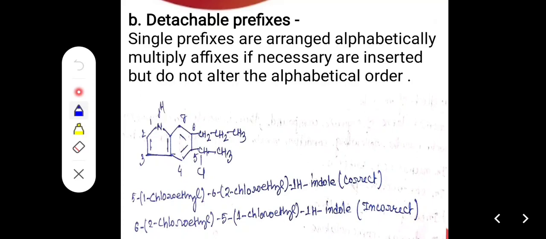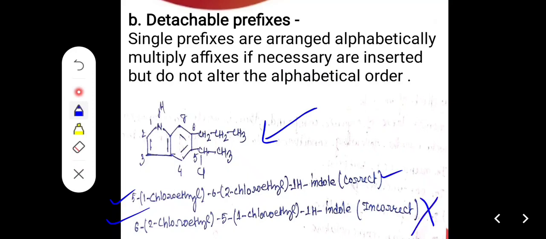If we consider this structure, we can derive two names. One is 5-(1-chloroethyl)-6-(2-chloroethyl)-1H-indole. The other name is 6-(2-chloroethyl)-5-(1-chloroethyl)-1H-indole. Now we see which is correct and which is incorrect.